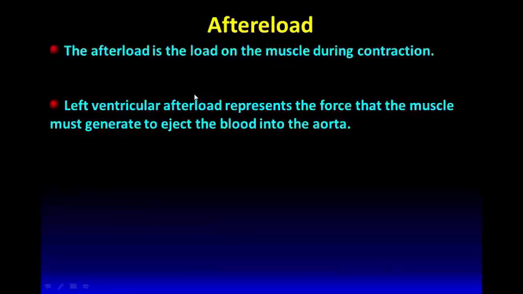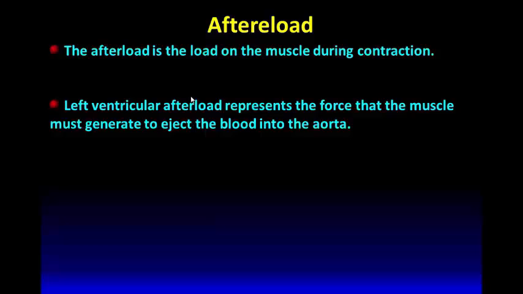Let's define the afterload. The afterload, this is the load on the muscle as it begins to contract and during contraction. Left ventricular afterload then represents the force which the left ventricle has to generate in order to overcome the aortic pressure and open the aortic valve and begins ejecting blood into the aorta.